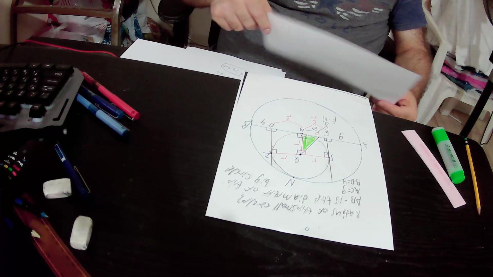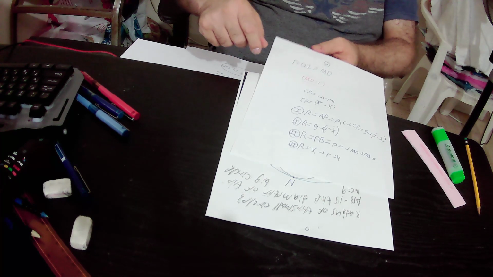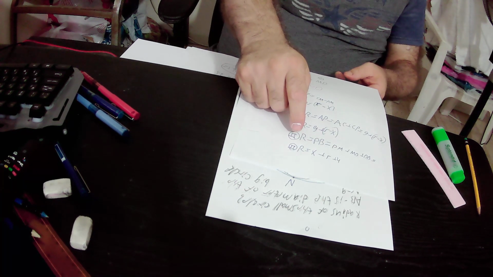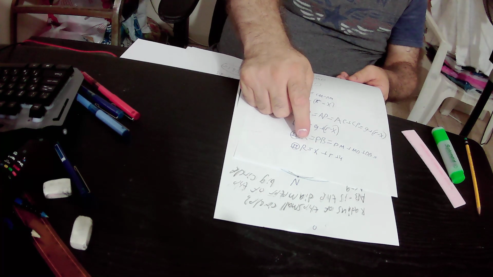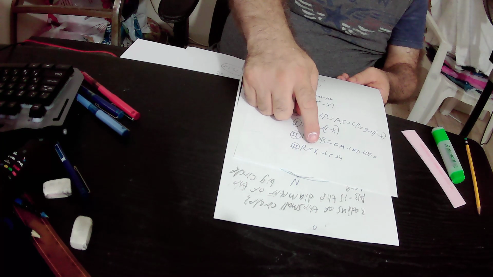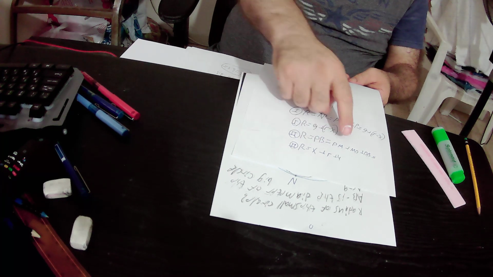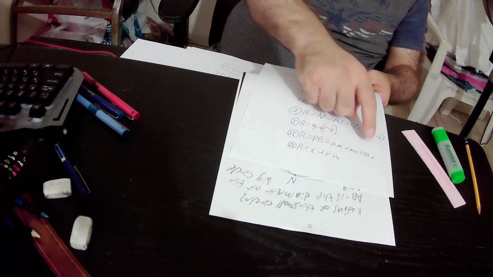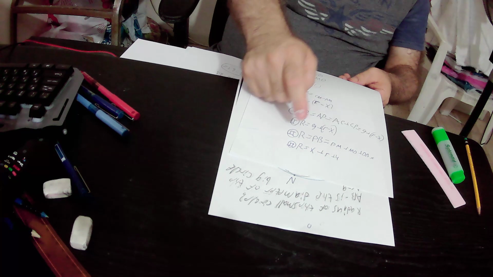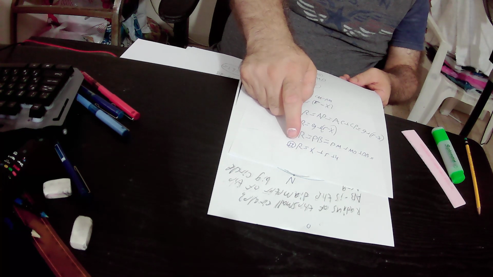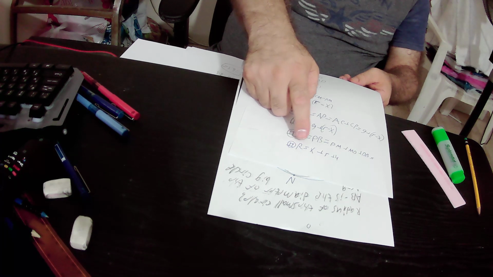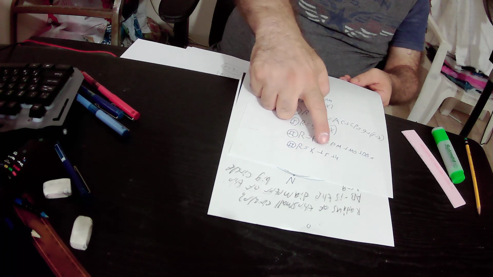So R equals PB, where PM equals x, MD equals small r, and BD equals 4. So the radius of the big circle, according to equation number 2, equals x plus small r plus 4.